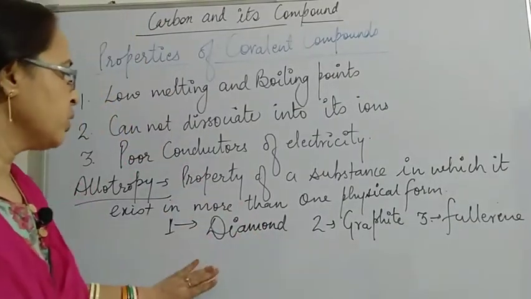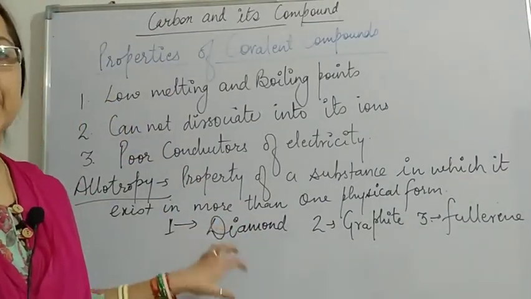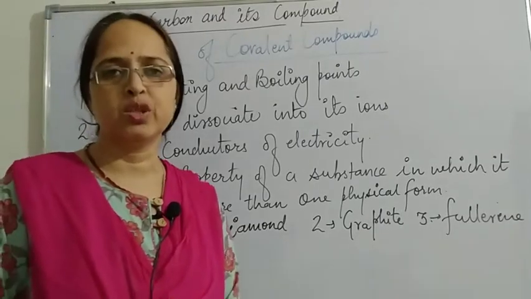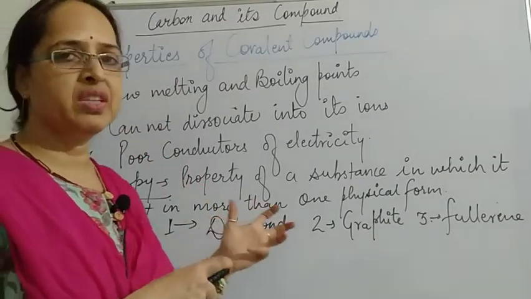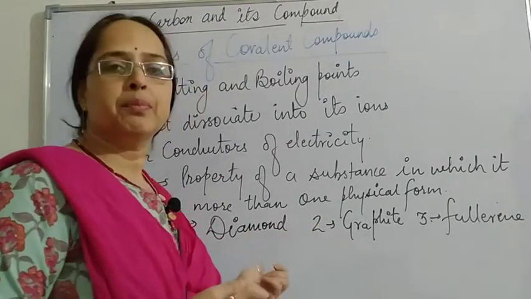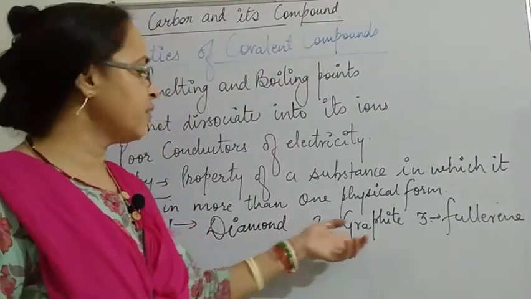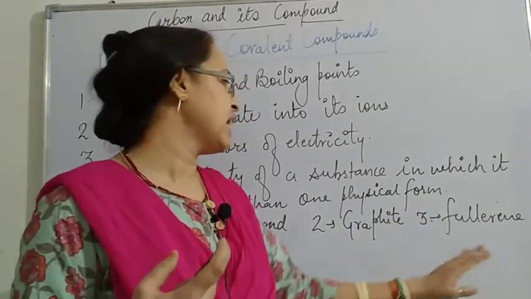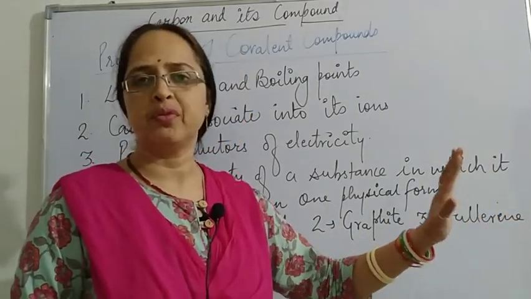You know that diamond is the hardest substance present on the earth. A diamond is completely formed of carbon only. Graphite is also completely formed of carbon, and fullerene is also completely formed of carbon.